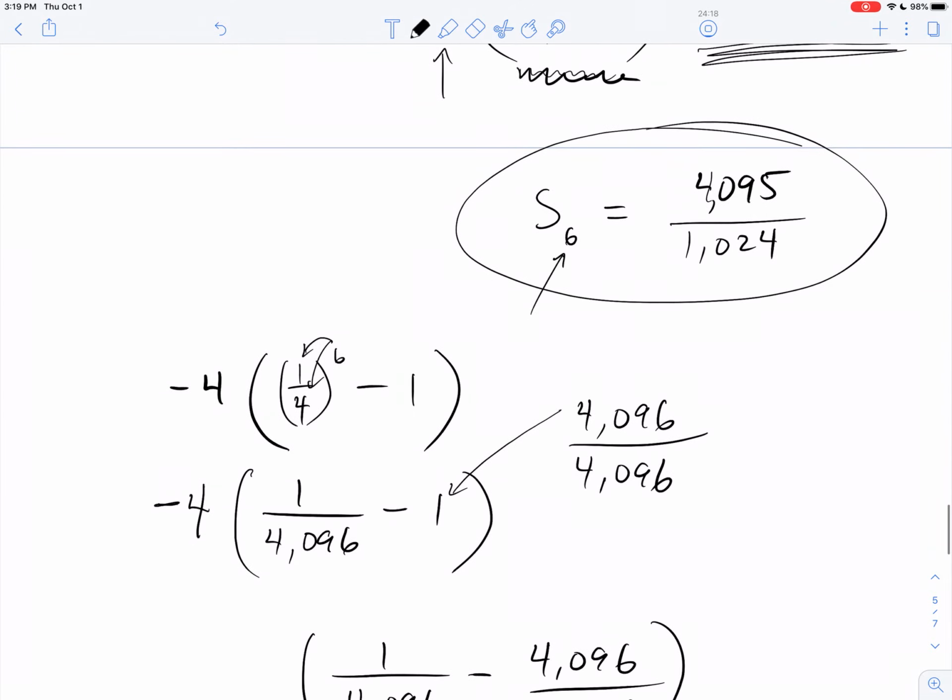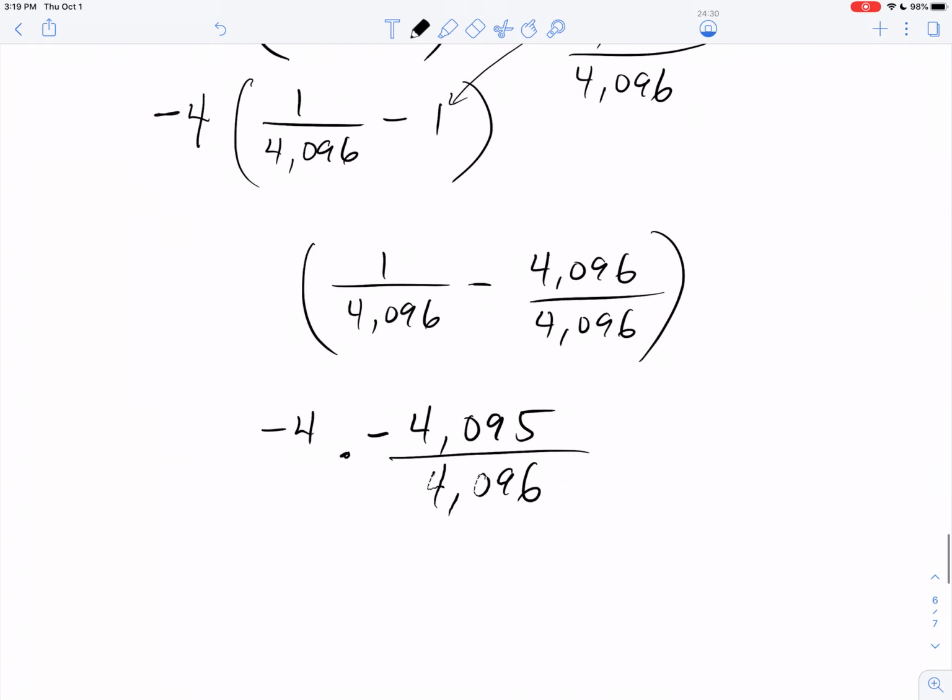Hang on. 4 to the 6th. Oh, crap. My calculator is totally not helping me there. What is that? 4,096 minus that. That would be 1 minus that. Yeah. Okay, so let's see where we roll here. Let's see if this will reduce, and it should. I'm wondering why I am not getting the same answer. And you guys probably see why. Let's see.